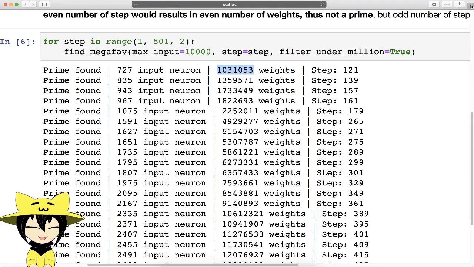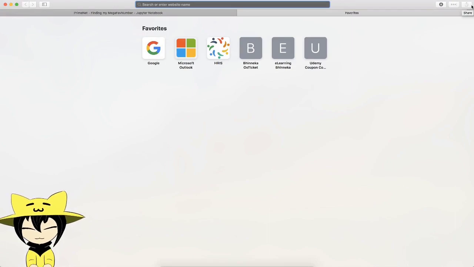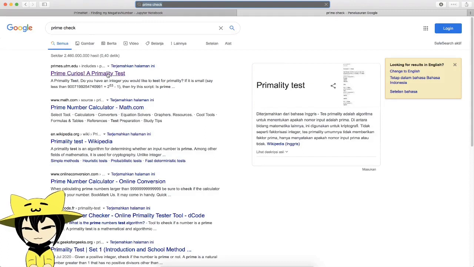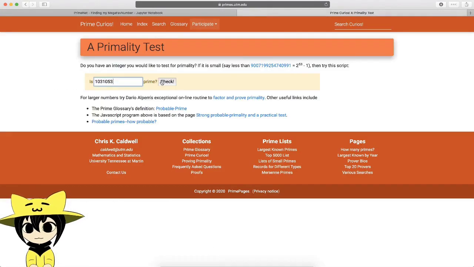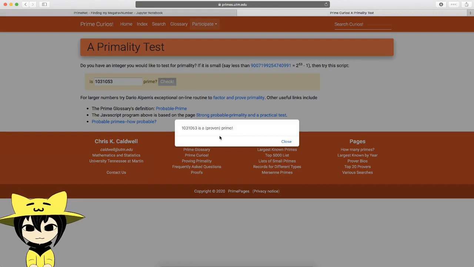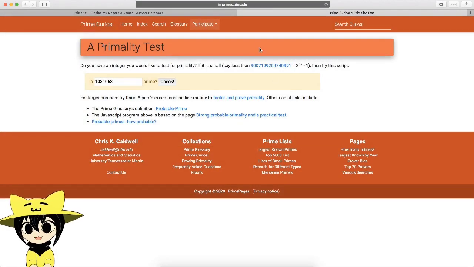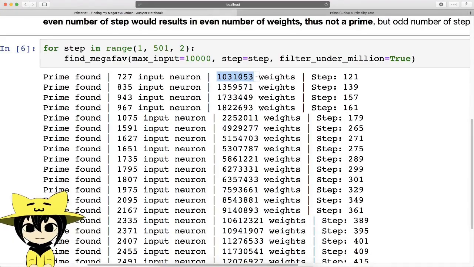We can check. Prime check. And yes, it is a prime number, and it's also larger than 1 million. So I would say that this is my new mega favorite number, because I didn't have one previously.